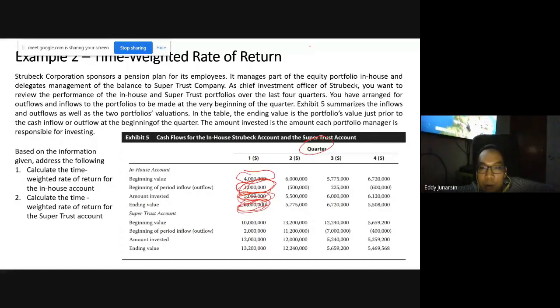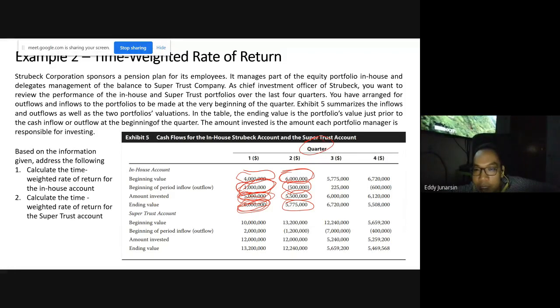Okay, so what about period 2? From the previous period, we had 6 million, and then there was a withdrawal of 500,000. So we started year 2 with 5.5, and it ended with 5.775. What does it imply?